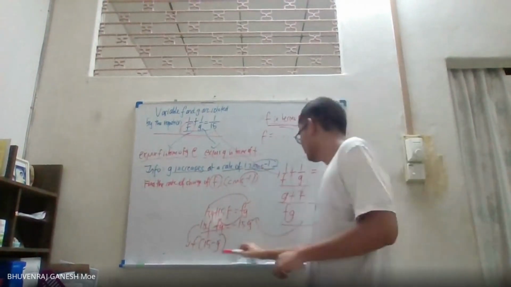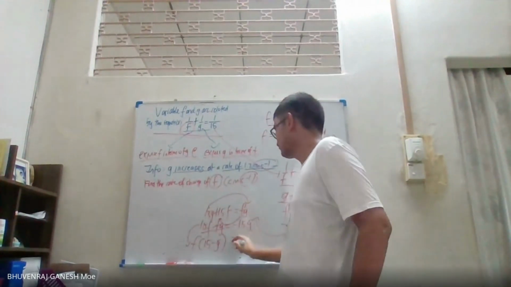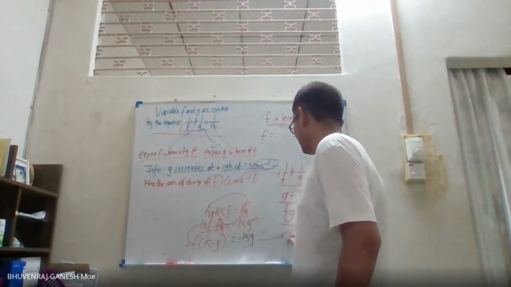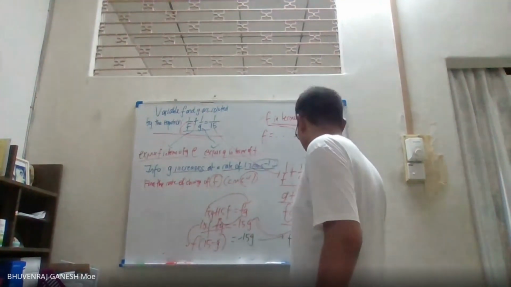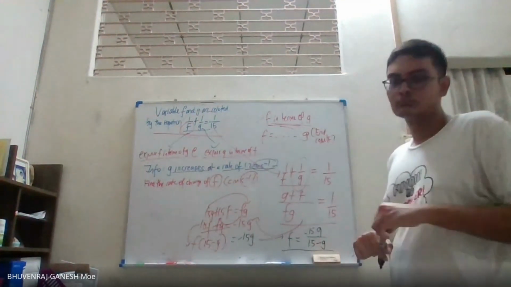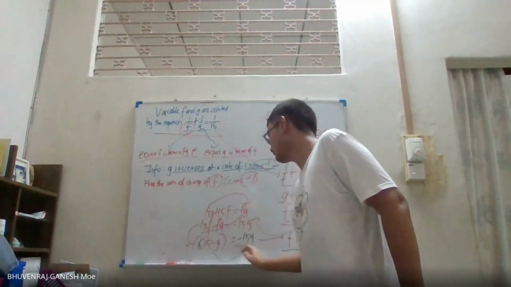Okay, good. So from here, I just copy back this side, negative 15g. So from here, you will get f equals negative 15g over 15 minus g. This is your f in terms of g. Means I shift this one over here. When it's times in between here, you must divide.